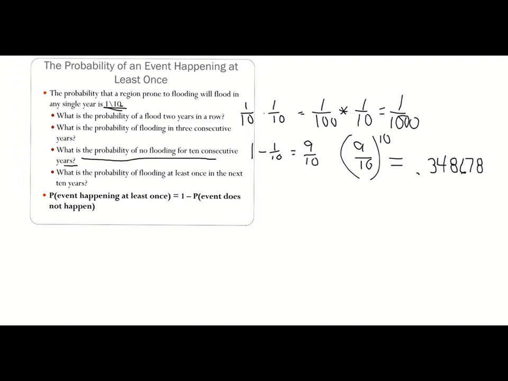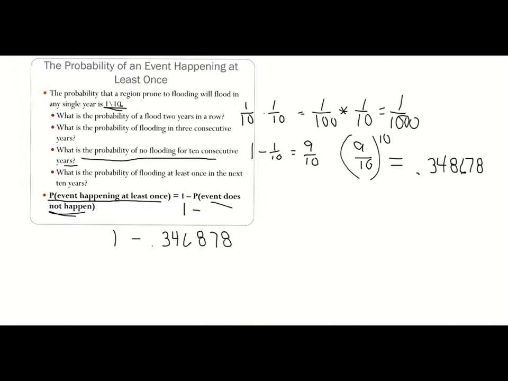Now, they want to know the probability of flooding at least once in the next 10 years. If we know the probability that it doesn't happen, we can do the complement. So I'm going to take 1 and subtract the probability that it won't flood for the next 10 years, minus 0.34678.